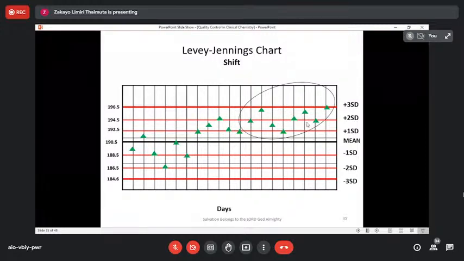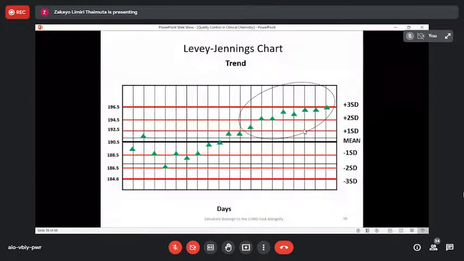If we invert the points, the dots there, we are likely to get the same characteristic as here. So what are we talking about? This is an error where the results have taken a shift from the ordinary days. That error is called shift.